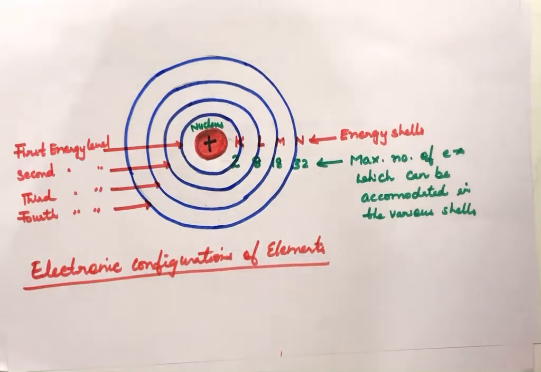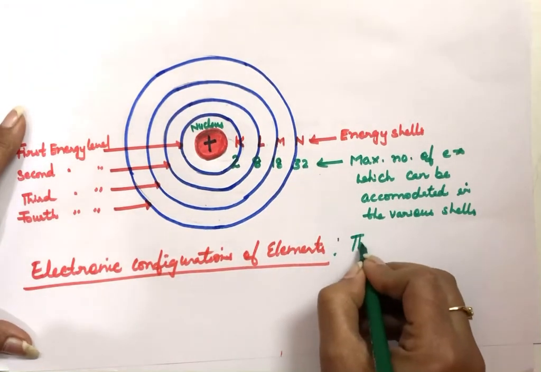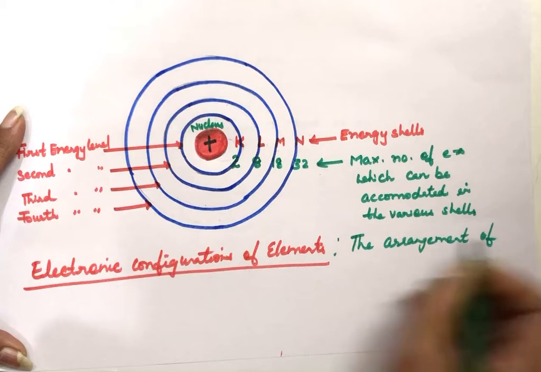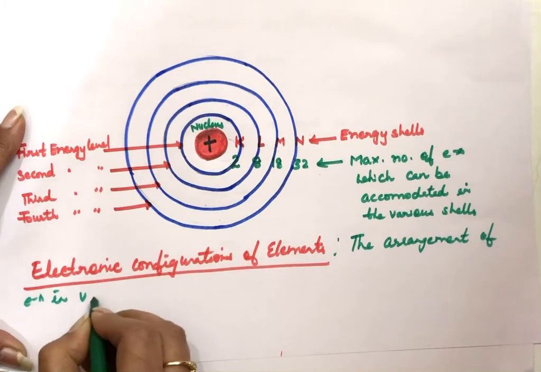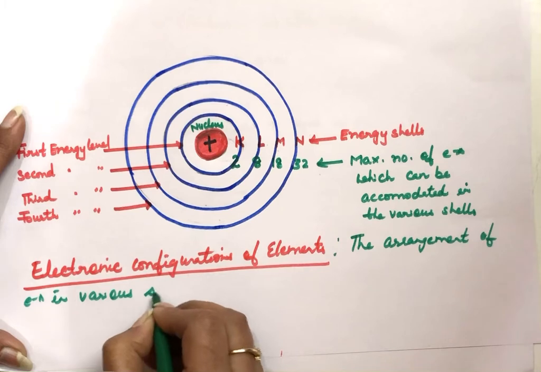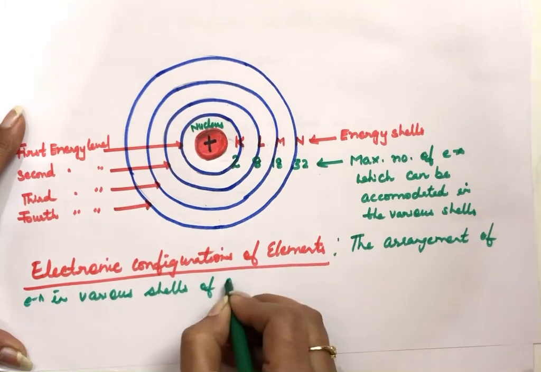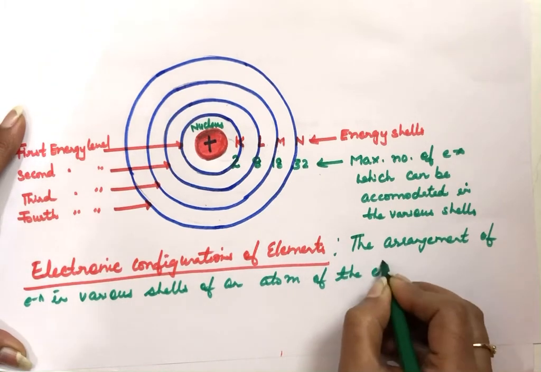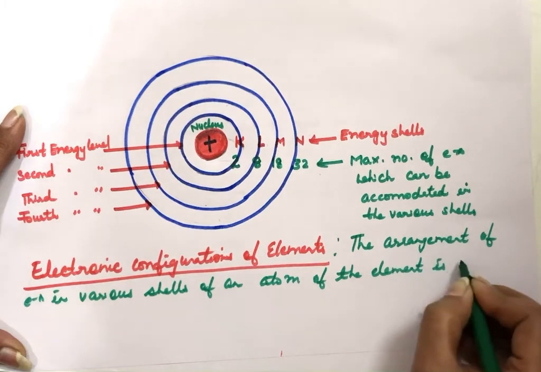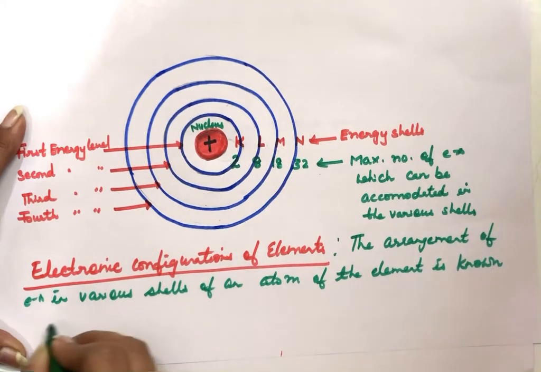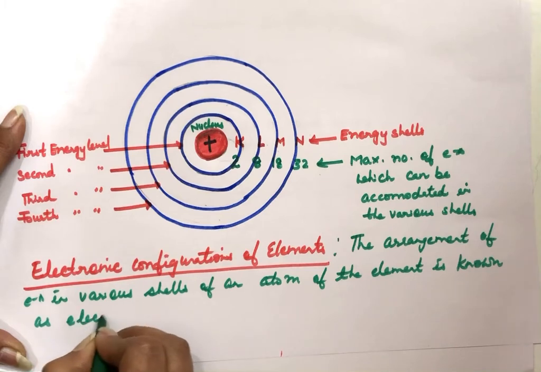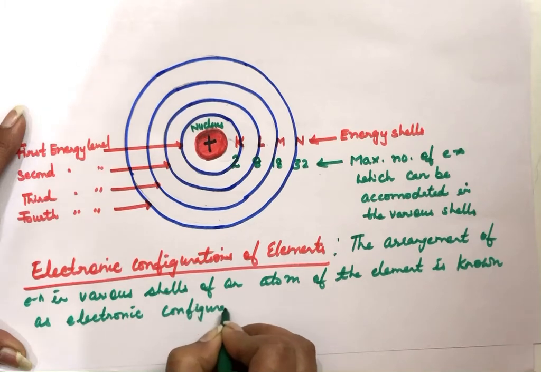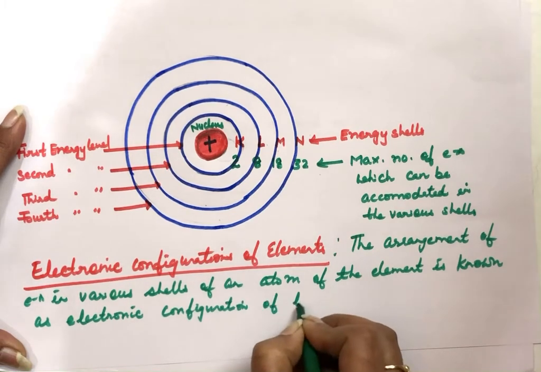That is, the arrangement of electrons in various shells or energy levels of an atom of the element is known as the electronic configuration of the element.